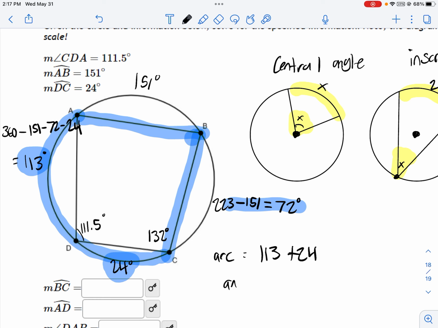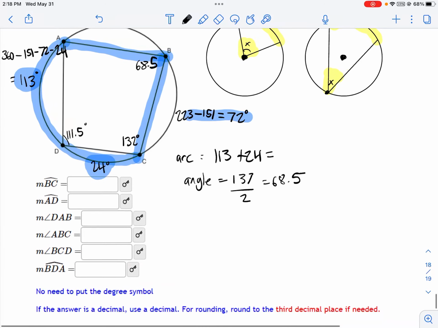The angle is just going to be half of that. So 113 plus 24, we get 137, right? And we take half of that, we'll end up getting a decimal. That's okay. That's 68.5, and that will be the angle. Okay?